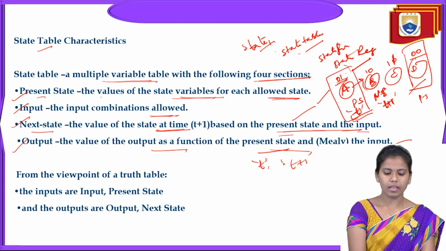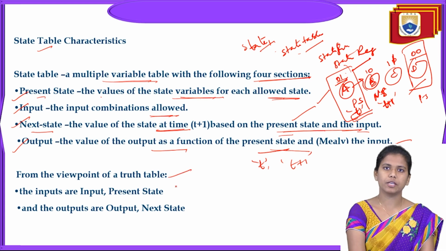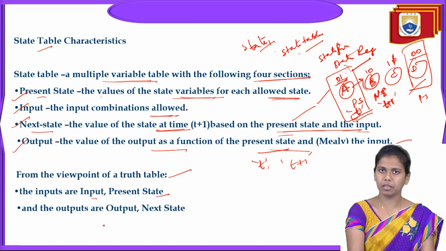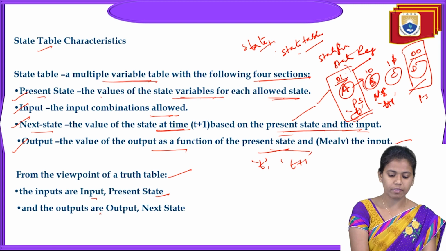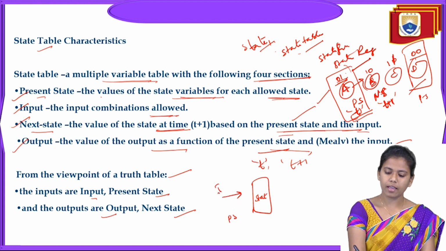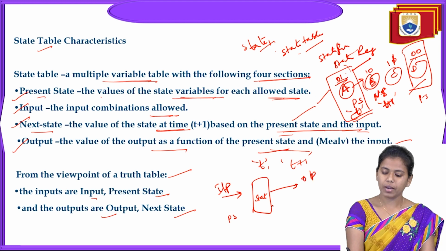And then from the viewpoint of the truth table, in general we can analyze that the inputs are the inputs and the present state, and the outputs are the output and the next state. Always, if this is a particular state, the input will be the present state and the inputs, whereas the output will be the next state and the output.